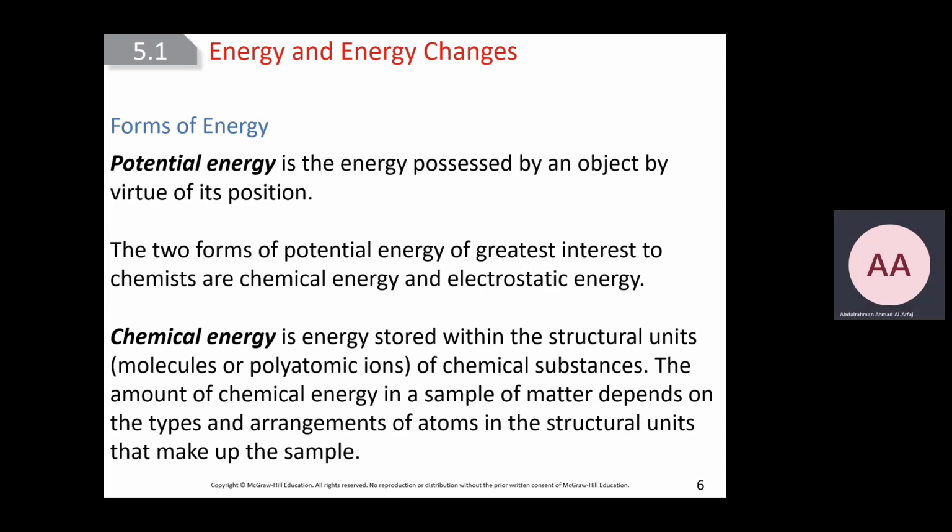Now, next, we have another kind of energy, which is called potential energy. Potential energy is related to position. We usually represent potential energy by two lines, in which this line is higher in energy than this line. So if you go from this place to this place, then you are going from higher energy to lower energy, and energy will come out of the system.